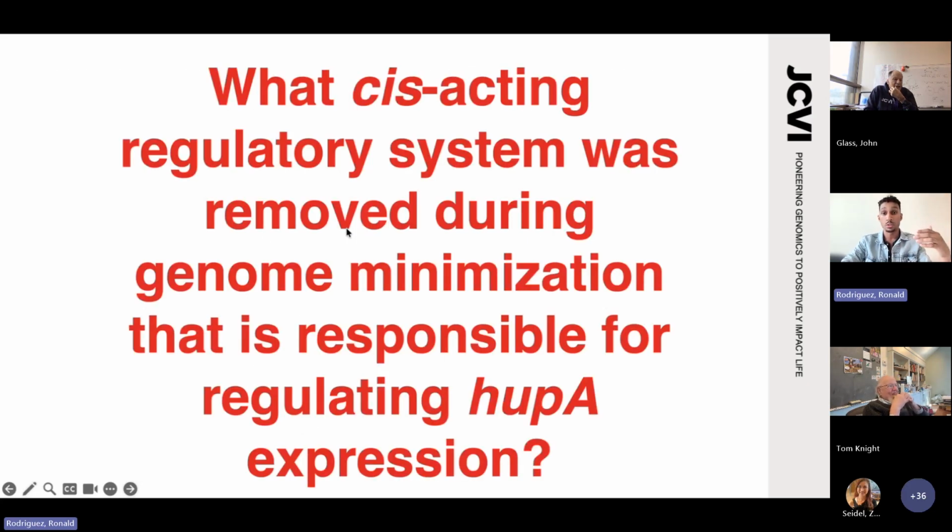So we were curious as to whether anything from SYN 1.0 might have been removed during the minimization process that may allow us to determine what exactly allows for full restoration of HUP-A expression, because qPCR data suggests that you can put GPSA back, but clearly it's not the gene that was immediately upstream that is responsible for this phenotype.